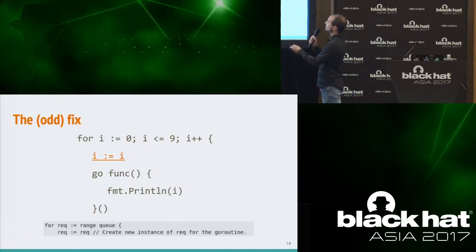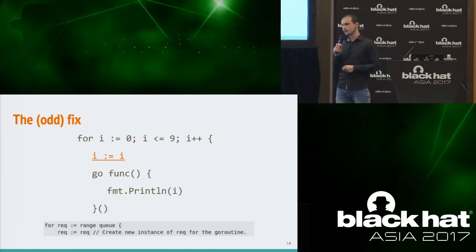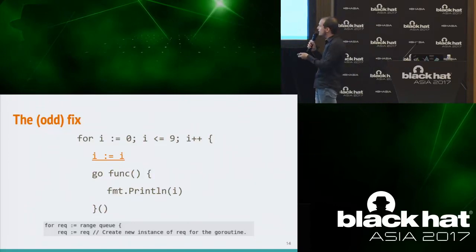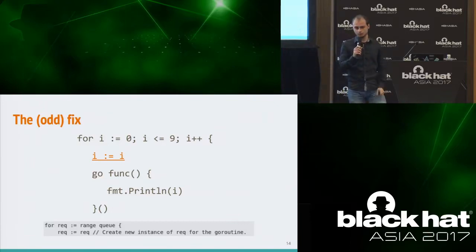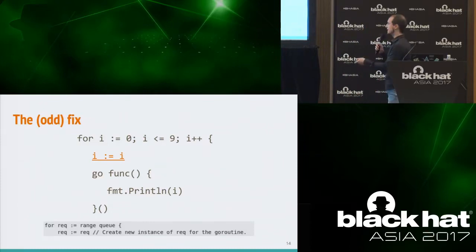If you redeclare i inside the loop, you're masking the original one, which is almost like giving that as a parameter to your Go routine, just in a closured way. And that below is taken from Effective Go, which is a post on the official Go documentation. They redeclare a request inside the loop, just to avoid this problem.